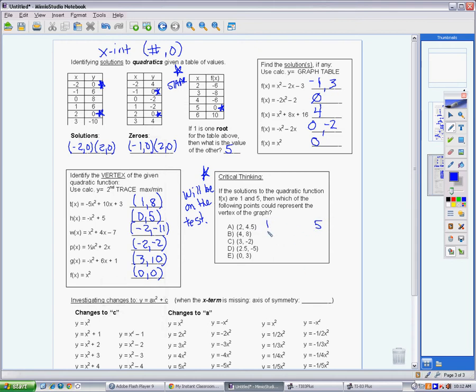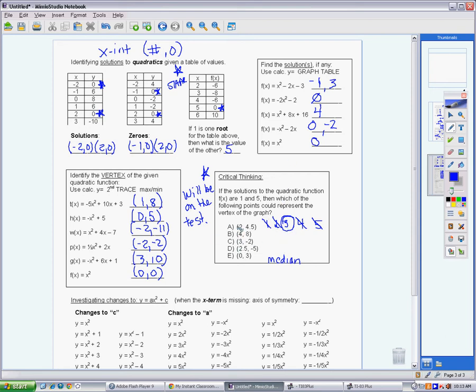Well, the number that we find right in the middle is called a median. So if I write out all of my solutions between 1 and 5, 1, 2, 3, 4, and 5, and I use the median, which means I cross out the front, cross out the back, cross out the front, cross out the back, the number in the middle is going to be right smack dab in the middle of those solutions. So my vertex should start with a 3.